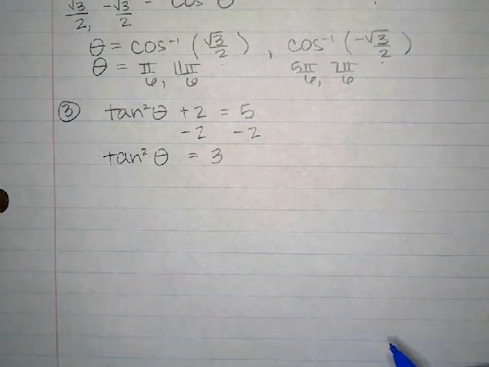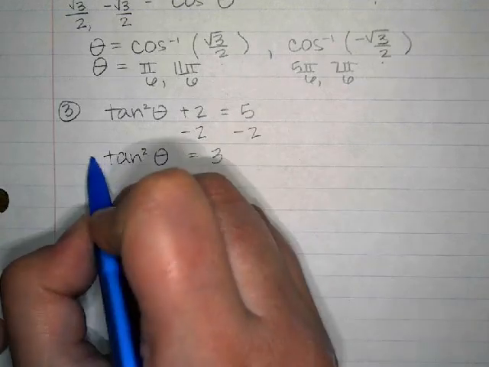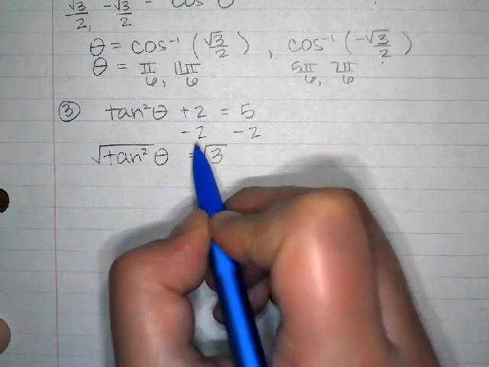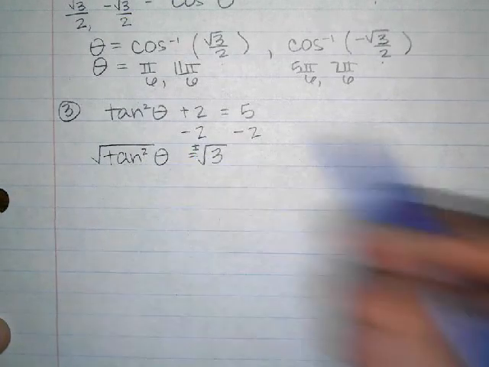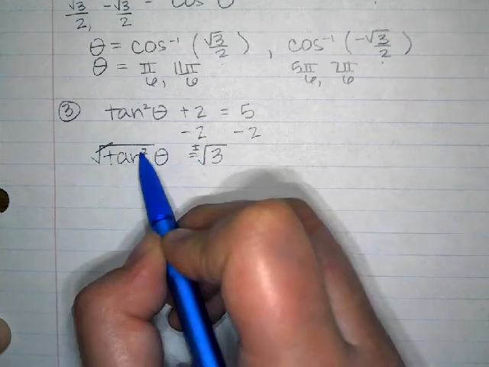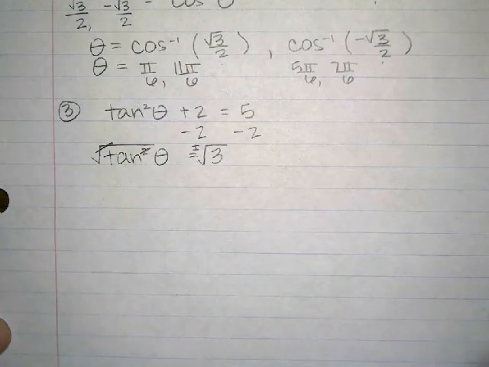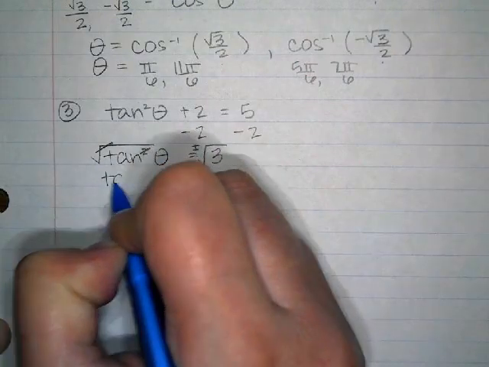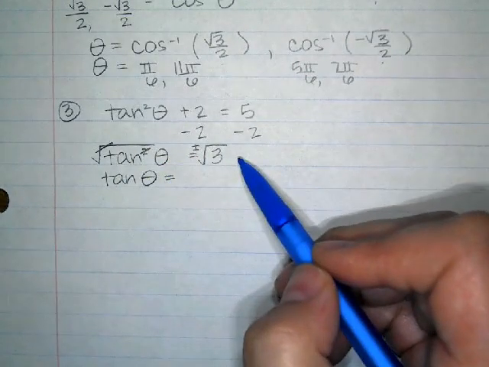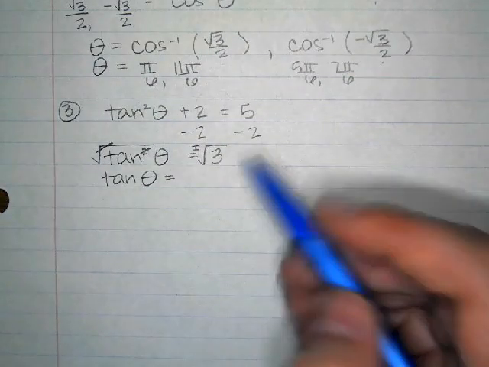And then what do I do? Square root it. And whenever I square root, I get two answers, plus and minus. My square root cancels with my squared, and I get tan theta equals, I can't square root 3, so I'm just going to leave that underneath the radical. So I get the positive version, positive root 3, and negative root 3.